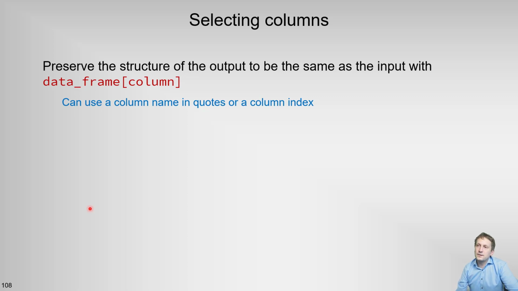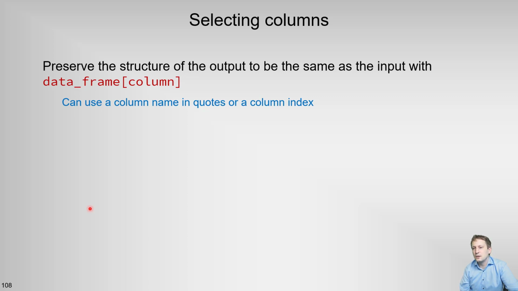So one distinction between different methods is whether you preserve the structure or you allow the structure of what you're selecting to be simplified. So if you use the single bracket index to access elements from a data frame, then you actually preserve the structure. So whatever you're selecting, even if you're selecting just one column from a data frame, the result will still be a data frame. Right?